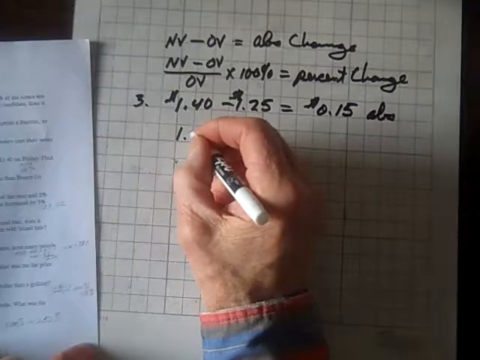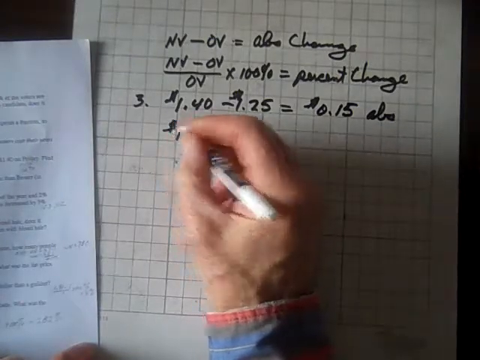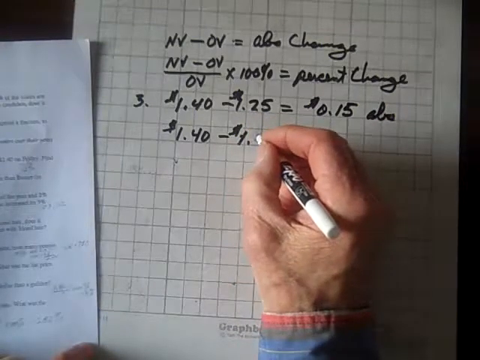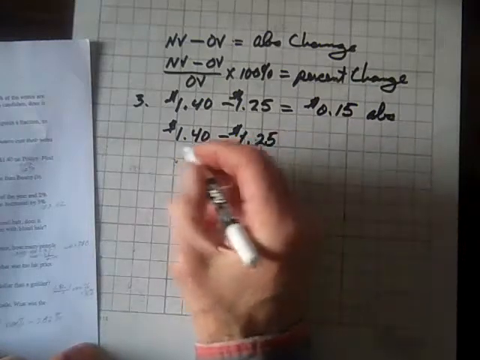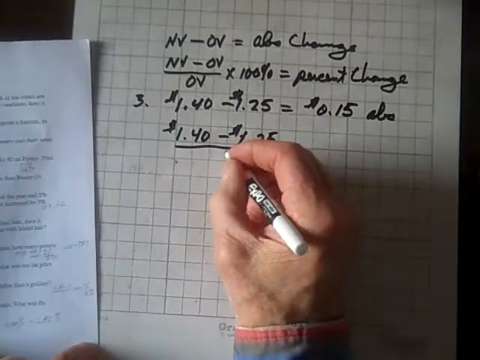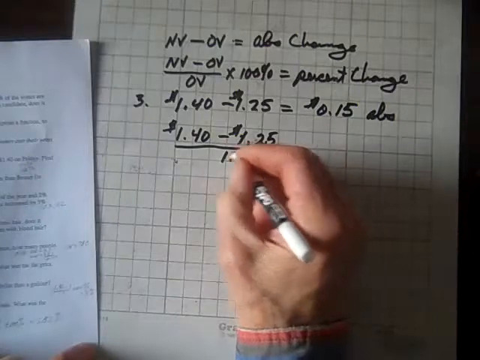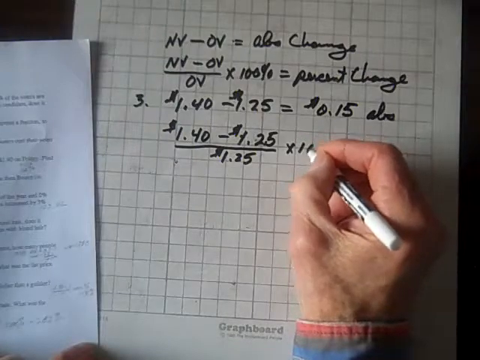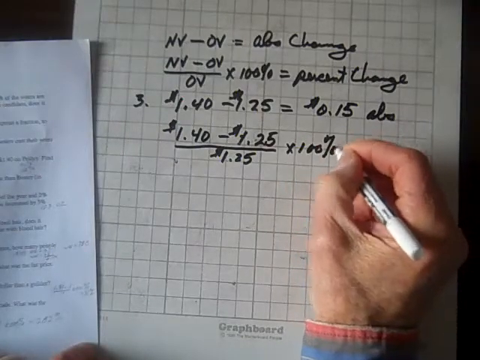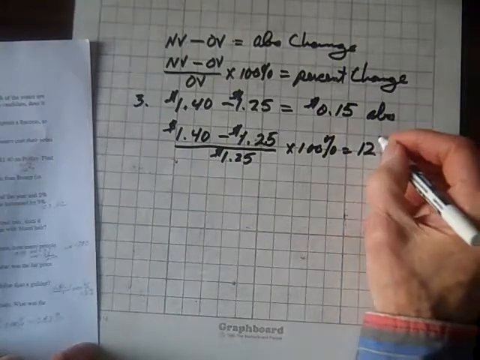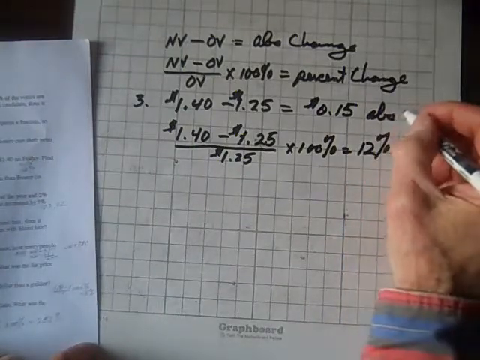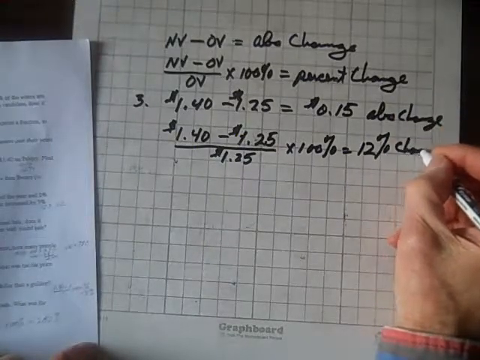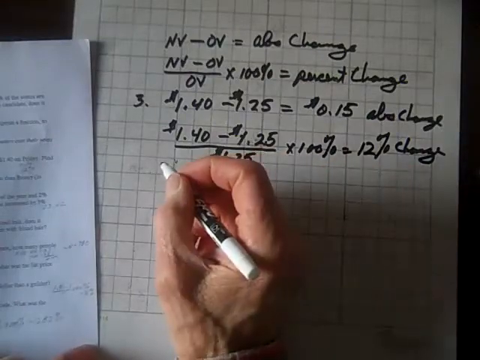Now, if we divide that value by the original, or the cost at the start, which is $1.25, the old value. Now, all the dollar signs divide out, multiply by 100%. When you carry that out, you get a 12% change. And so that does it, and that's going to pop up again.